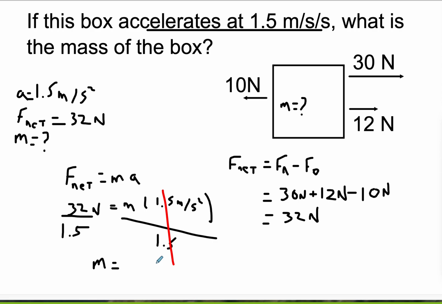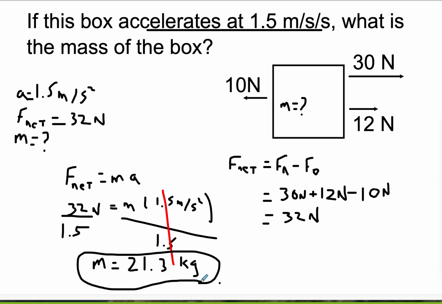I'm not thinking that quickly today. So 32 divided by 1.5. I got it to be 21.3. And that would be kilograms. So does that make sense to everybody?